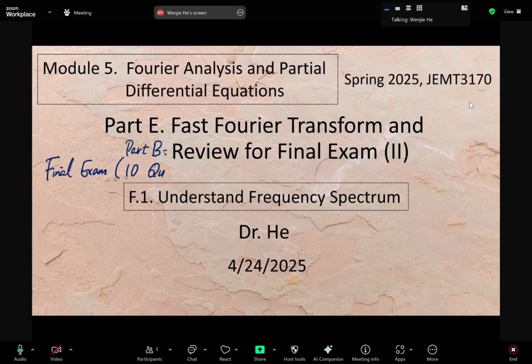Not 15 like part A of homework assignment 4. So 10 plus 10, 20 questions in total for the final. It is a reduced size from our regular homework assignment types.